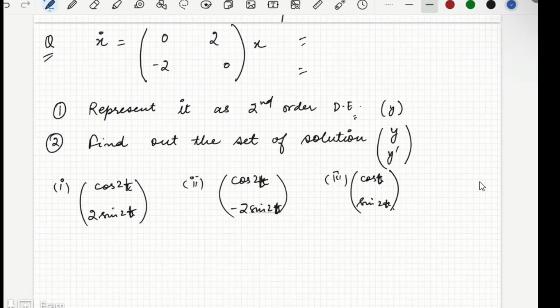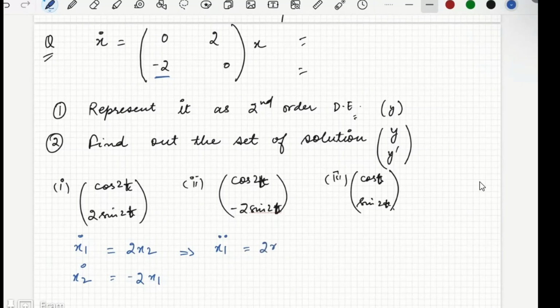If we expand this matrix formulation, we get x1 dot equals 2x2, and x2 dot equals minus 2x1. So what will be the double derivative of x1? Let's find x1 double dot.